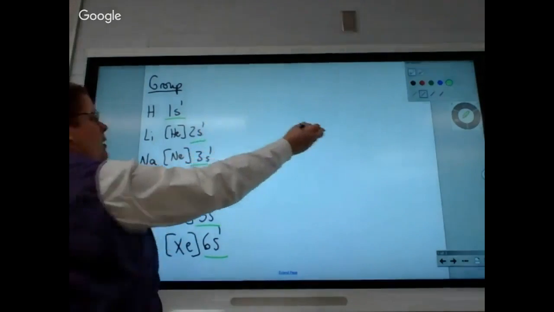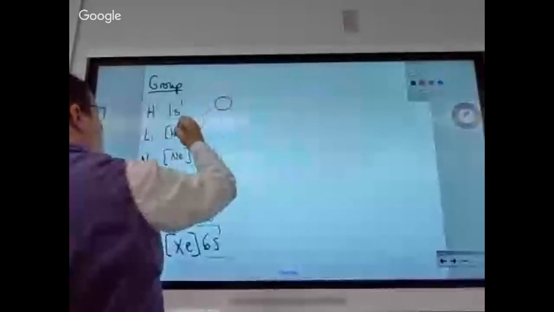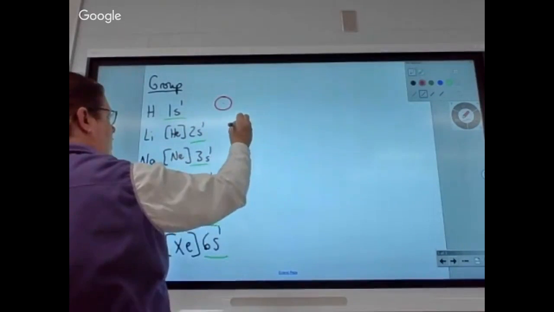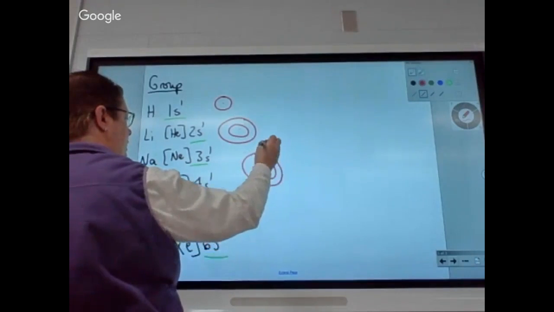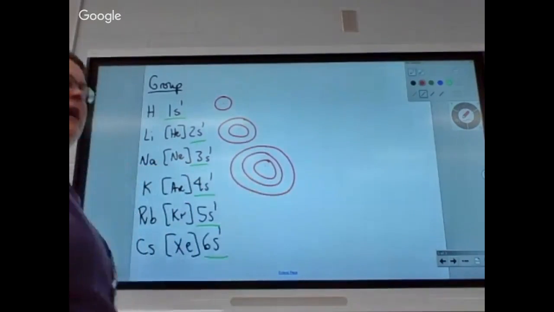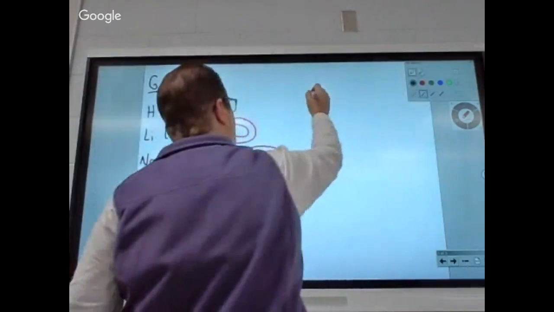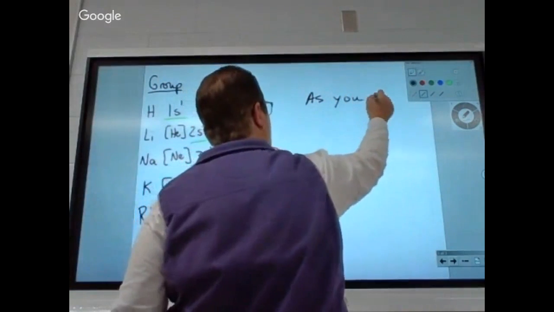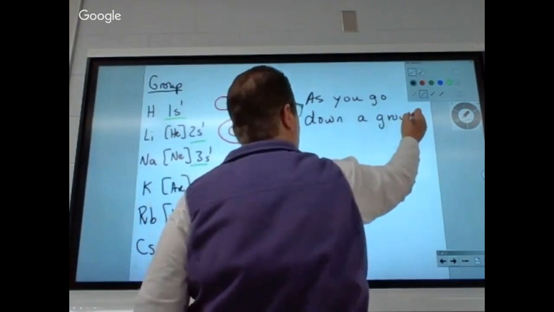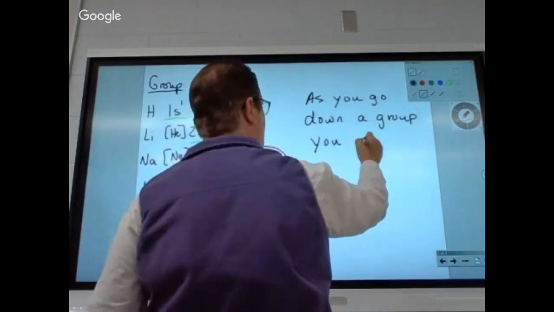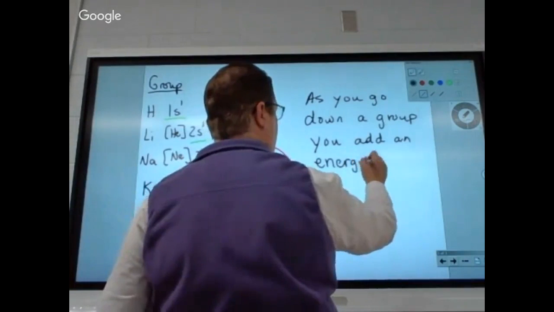So if we draw them, hydrogen has how many rings? 1. And lithium has how many rings? And sodium has how many rings? So what's happening with the additional rings? What's happening to the size? That's right. So as you go down a group, you add an energy level.